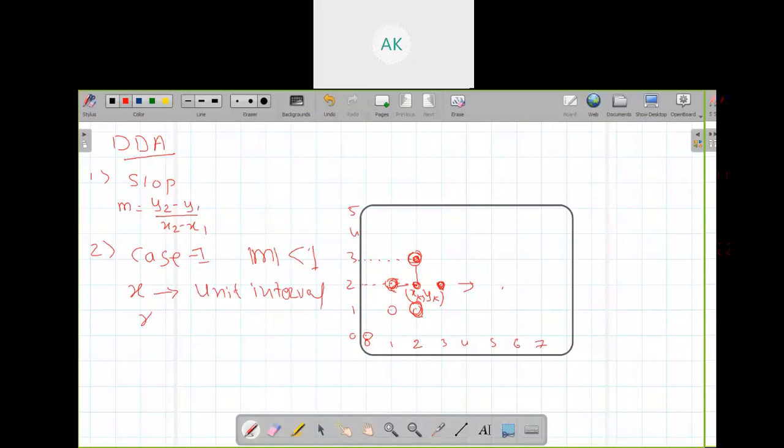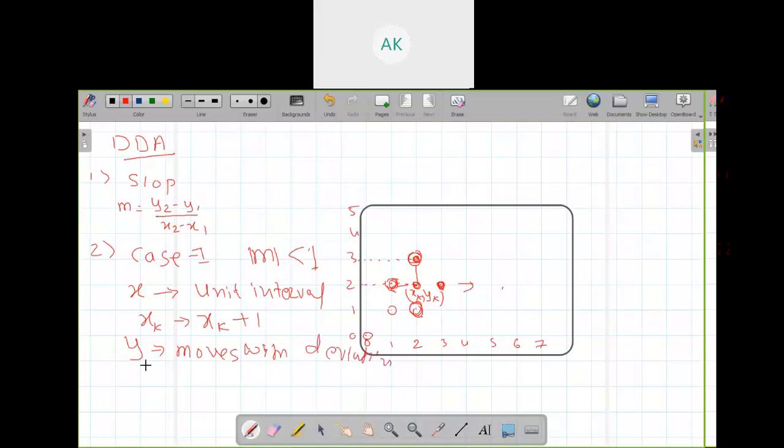It means if your current point is xk, then the next point will be xk plus 1. In each step it moves by 1 pixel, and y moves with deviation.